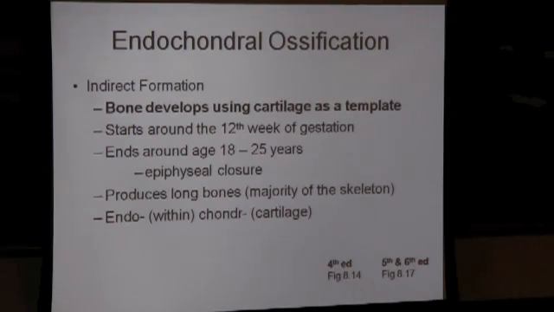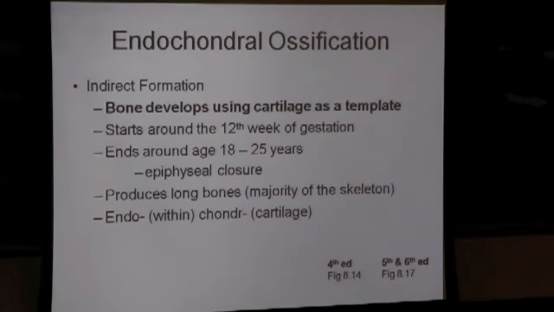It differs from person to person when that happens, but by the time you're 25, it's done. You're not growing anymore. And your bones are your bones. There's not much cartilage left. Okay? And this is called epiphyseal closure. The process of stopping this whole process is called epiphyseal closure.